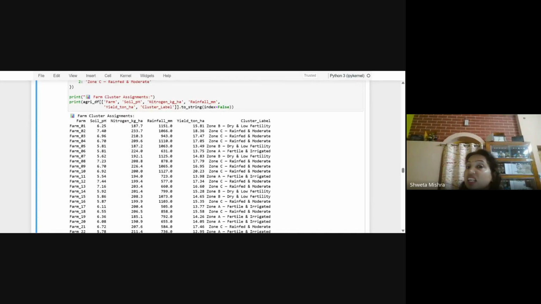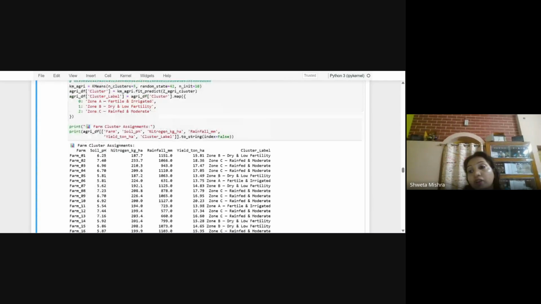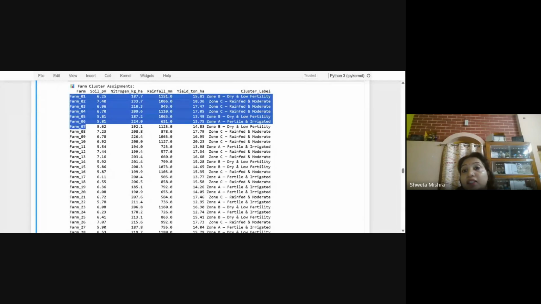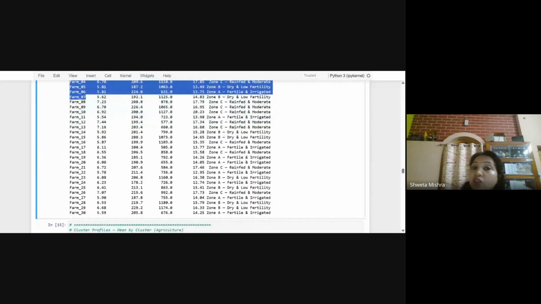Zone B is dry and low fertility, and zone C is rain-fed and moderate. So based on our principal component analysis, we can get the information about all the farms with their cluster labels. Now, based on these cluster labels, we are going to make 3 different clusters of all these fields.